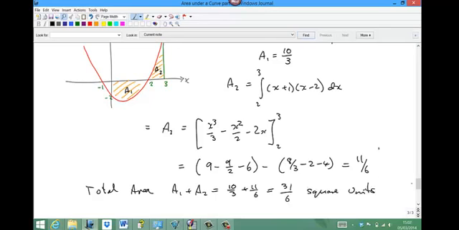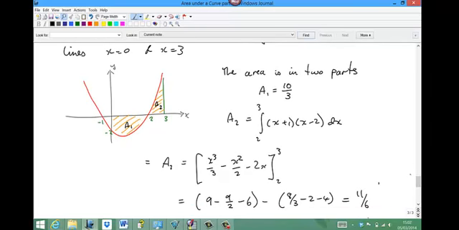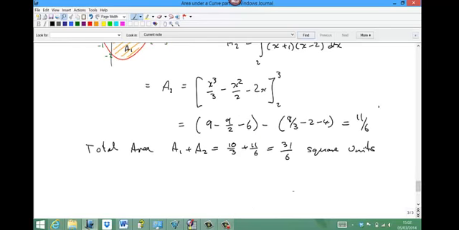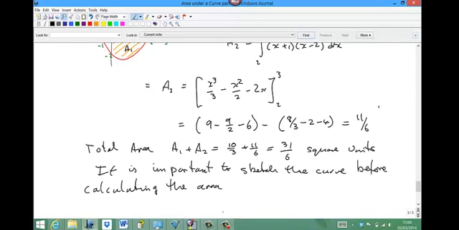Now you see, it wouldn't have been possible to integrate the function between 0 and 3, because by doing that the area below the x-axis would be negative, and you'd add that to the positive value of A2, the area above the x-axis, giving an incorrect answer. This is why it is important always to sketch the curve before finding the area.